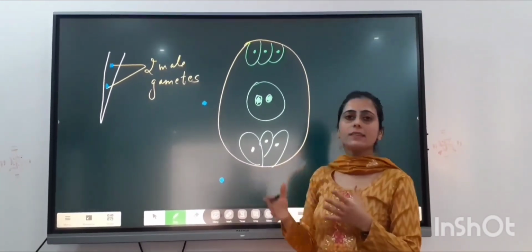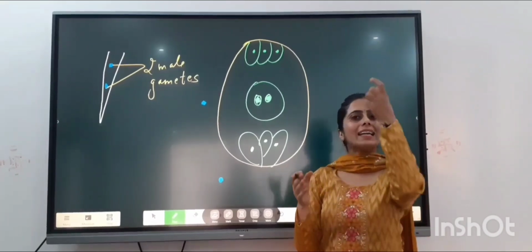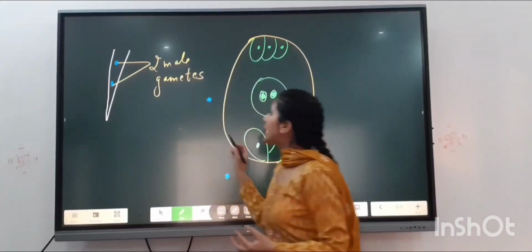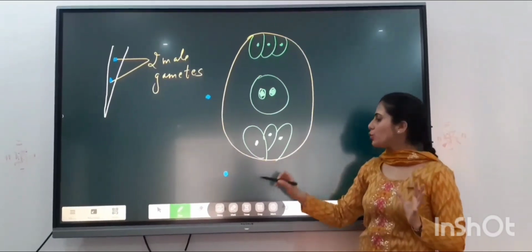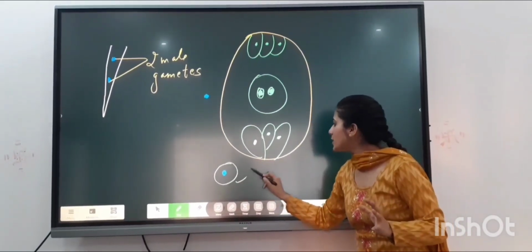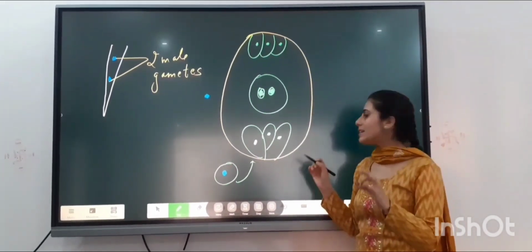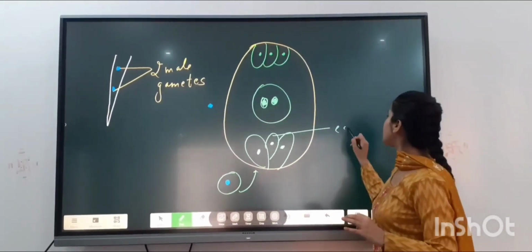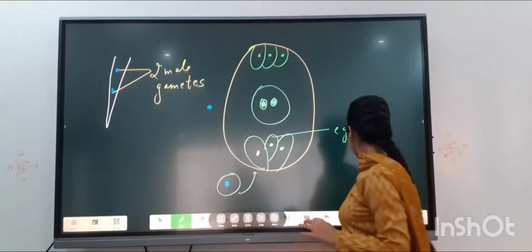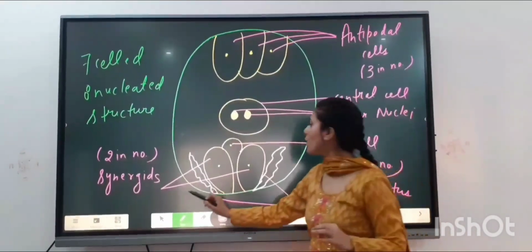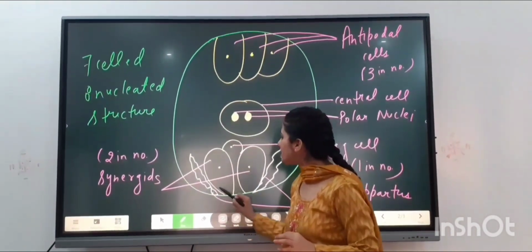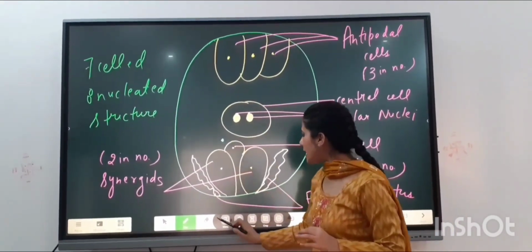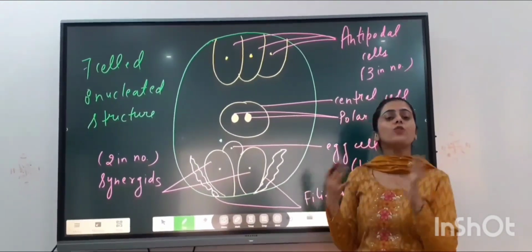So what happens is, when the pollen tube enters into the embryo sac, one of the male gametes moves towards the synergids and is guided by the synergids towards the egg cell. So one of the male gametes is guided by the synergids, comes to the egg cell and gets fused with the egg cell.